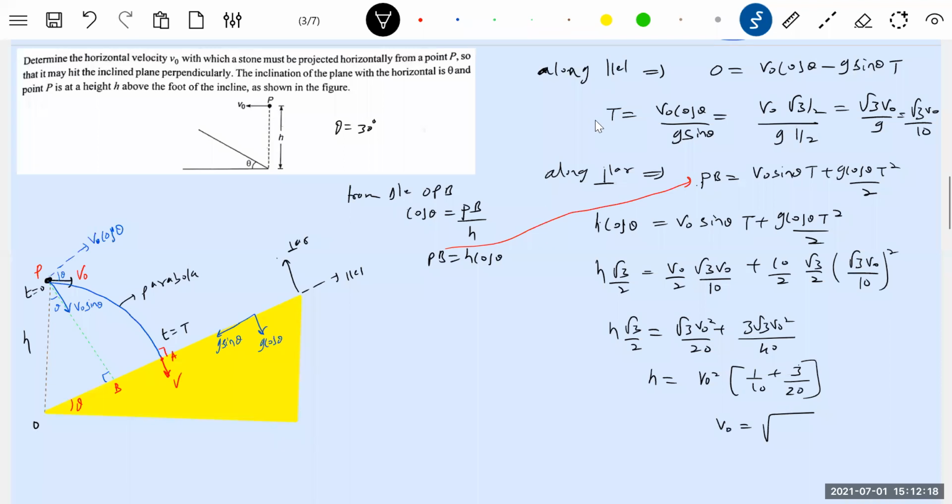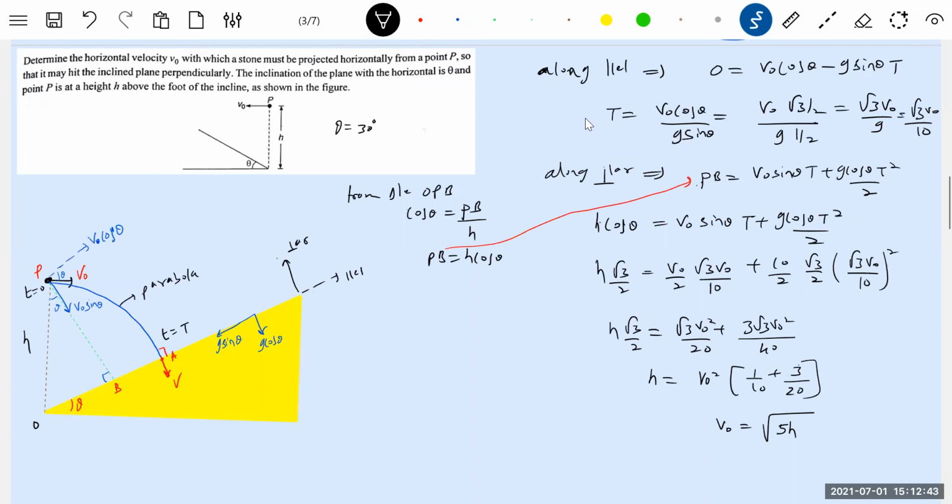Root 5h. Yes, sir, root 5h. Okay, this will be the root value. Or if you want to bring g, you can adjust.